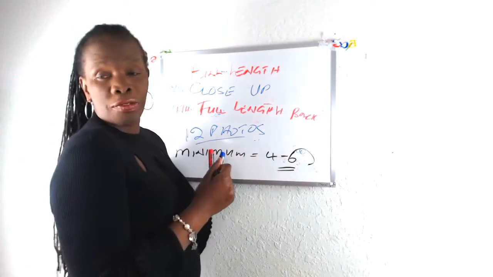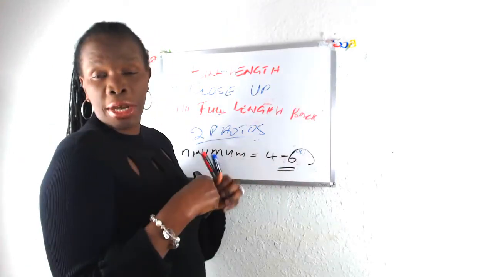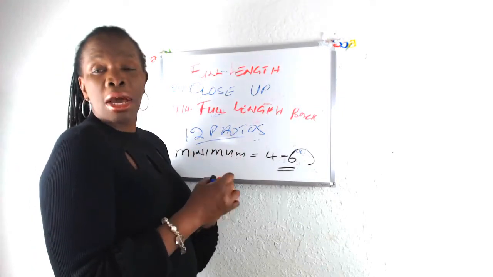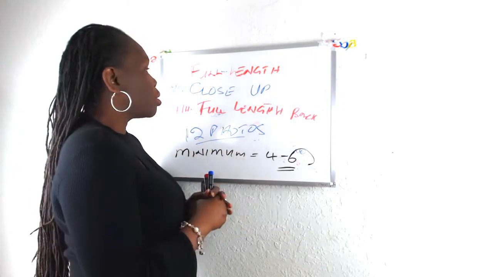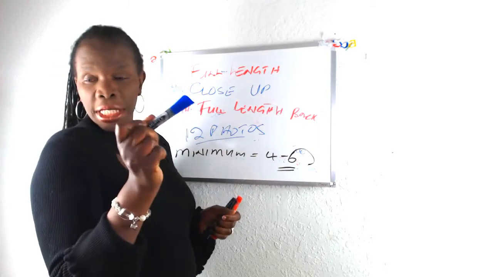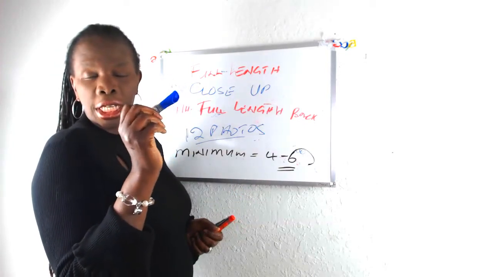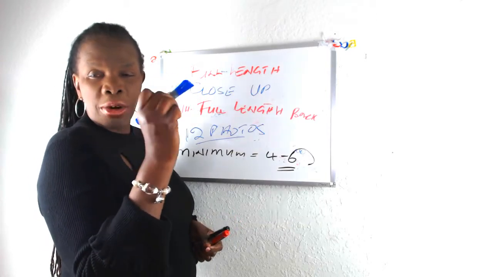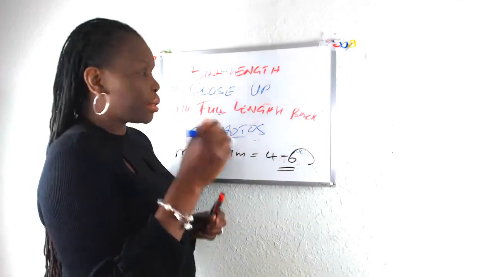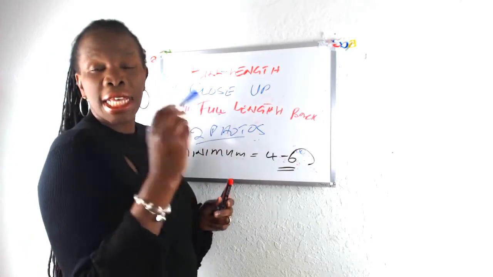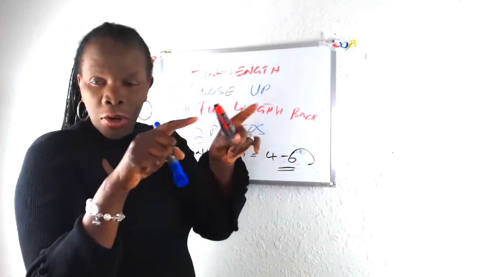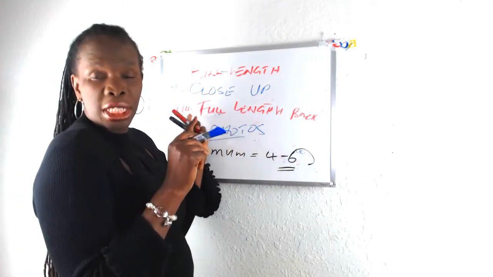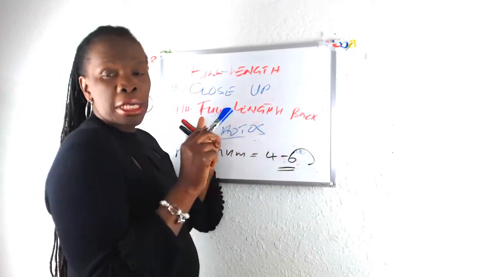The more photos, the better, because your photos are going to tell the story to your potential buyer. They're going to see what they are going to buy. And remember, we said in the condition description that if there's any defect, you are going to mention it in the description, and go ahead and take the photo of that stain or that defect. That has to be included in the photos.